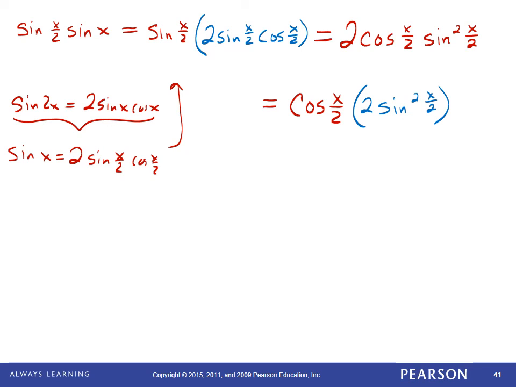Okay. So I decided to separate that 2 out, just so I can really focus on this sine squared of x over 2. All right, then I figured I should probably use my power reducing formula right here.